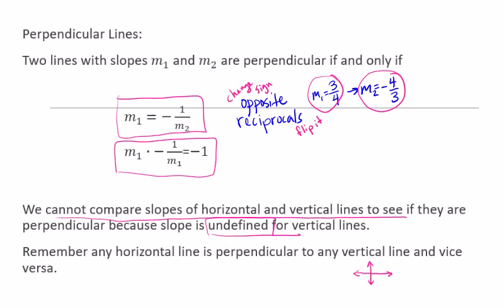The reason we can't compare them is that if a horizontal line has slope 0, the reciprocal of that would be 1 over 0, which is undefined, and that's what a vertical line is. We can't multiply undefined by 0, and that wouldn't give us negative 1. So vertical and horizontal lines are special cases, and we know that a horizontal line is always perpendicular to a vertical line.